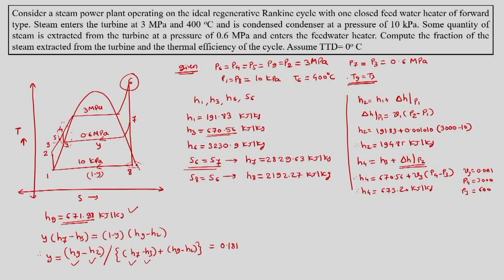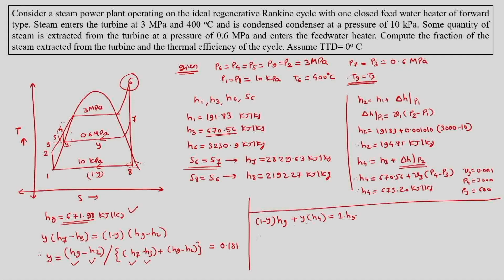So, knowing this, we can go ahead and do the rest of the calculations. We basically have to find out what is the enthalpy at state 5. For enthalpy at state 5 it is simple, we have to say here that 1 minus y of water at state 9 is mixed with y mass of water at enthalpy 4 to give 1 kg of water at state 5.